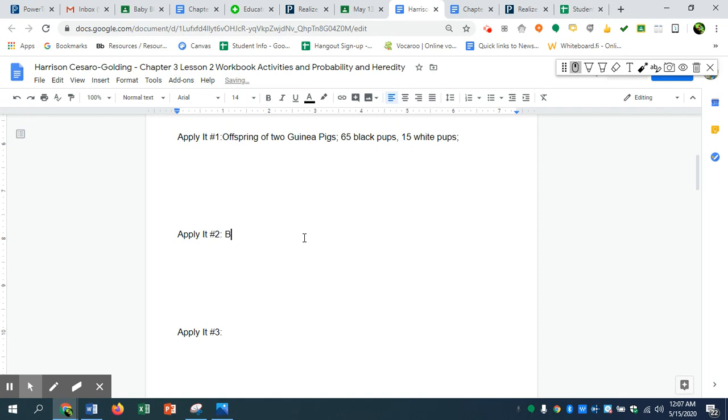Remember, capital B was for black, lowercase b was for white. So they could be capital B, capital B for the black pups. They could be capital B, lowercase b for black pups. And then if you were a white pup, it could only be lowercase b, lowercase b.